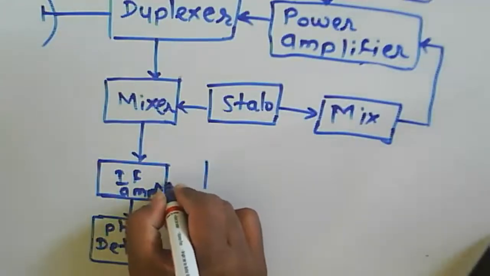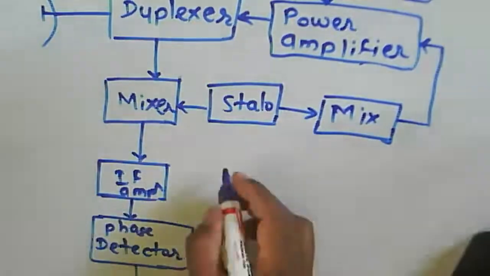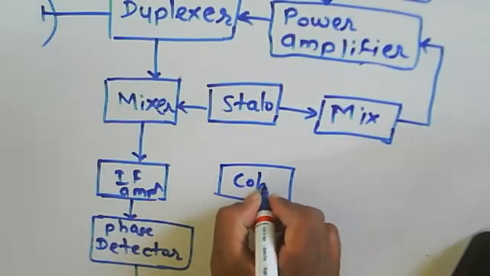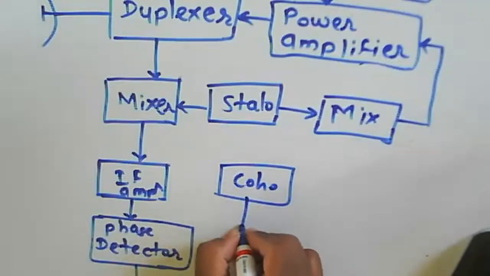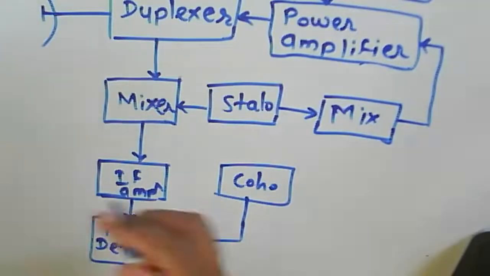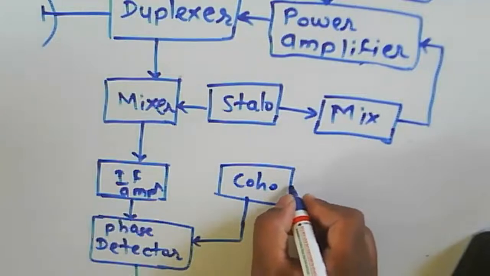And here, for this phase detector, we are using another one that is called a COHO. Okay, so that is about coherent signal generation. The oscillator will be coherent in nature.